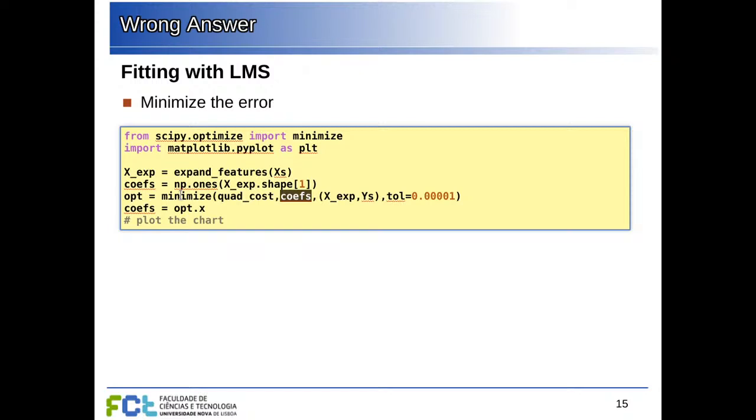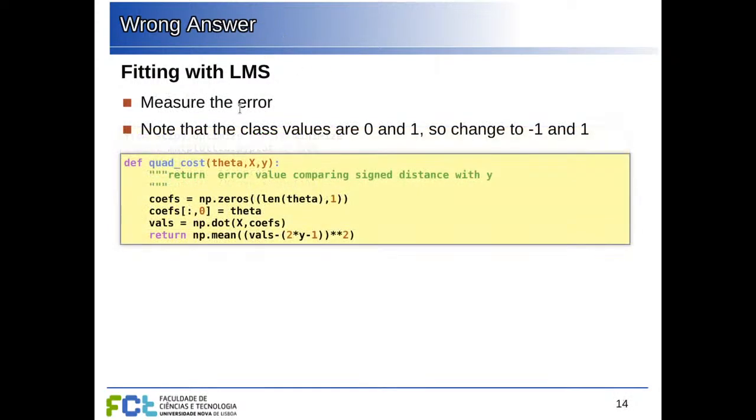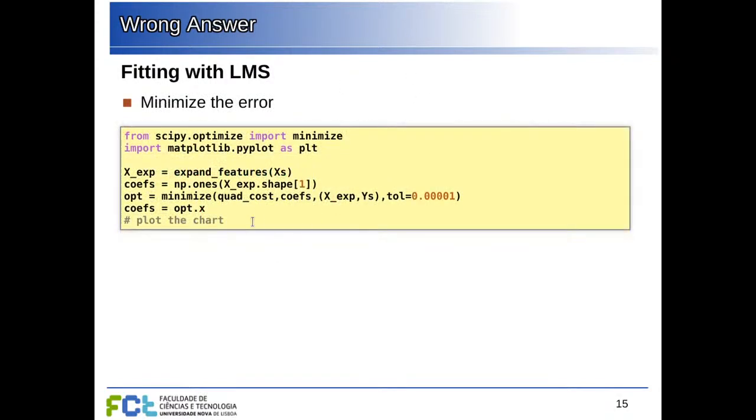But then the minimize function will go down the loss function, this shape of the loss function, to find the minimum. And the function that we want to minimize, we give it as the first argument. So this quadratic cost will be the one that we created here, which measures the mean quadratic error between the predictions and the target classes. And now we have this result of the optimization.